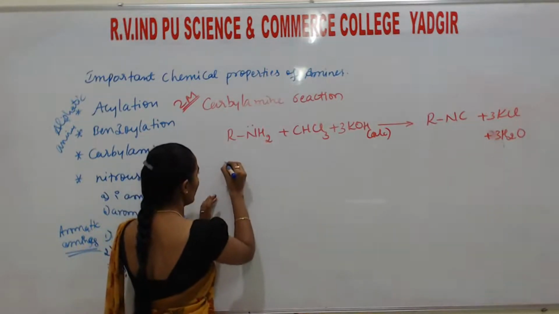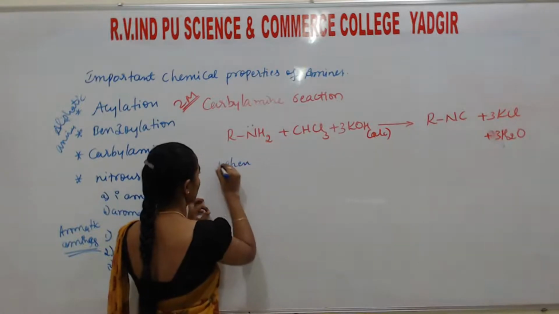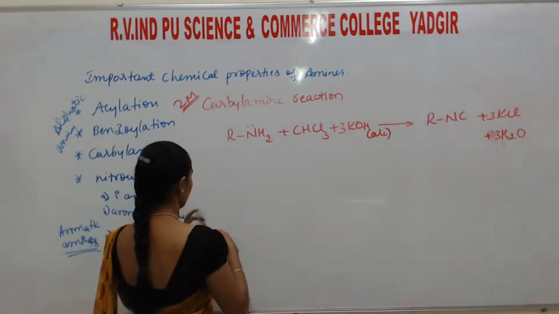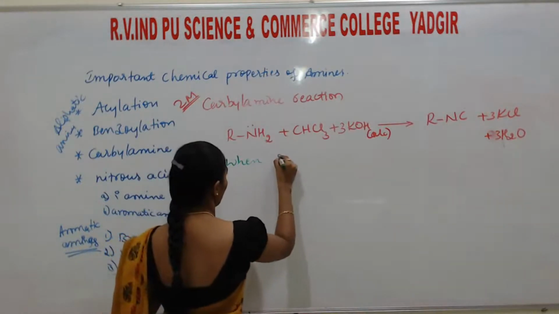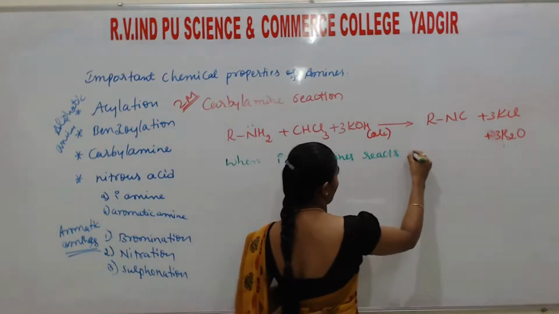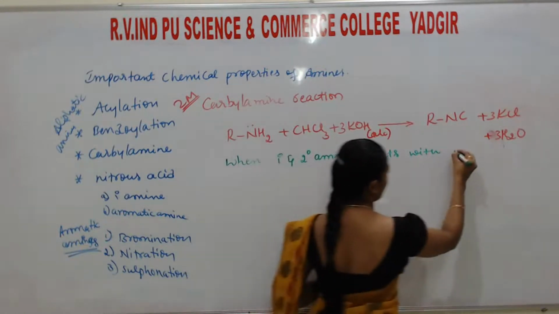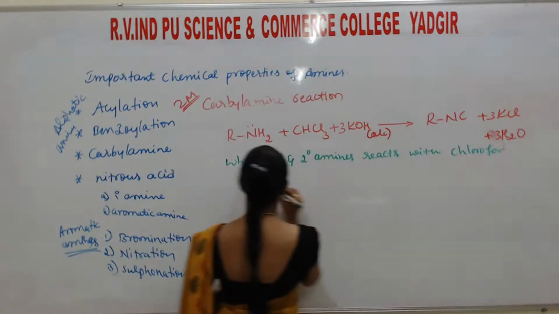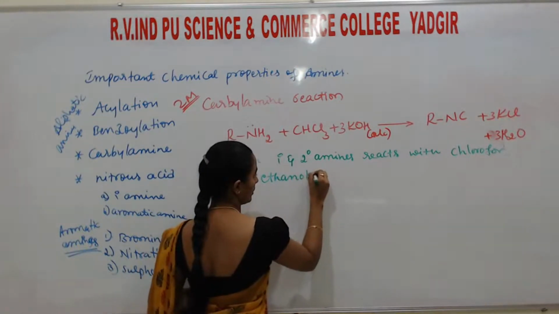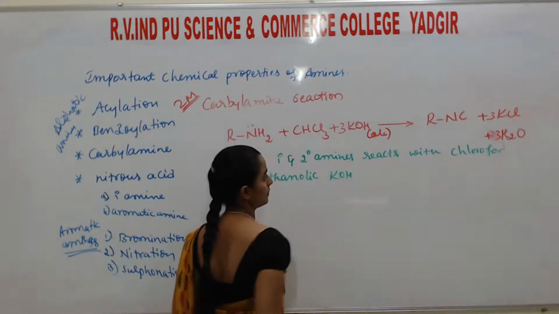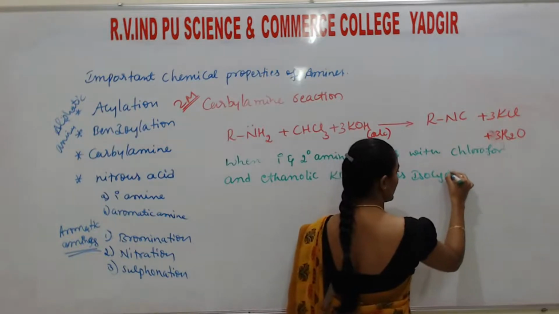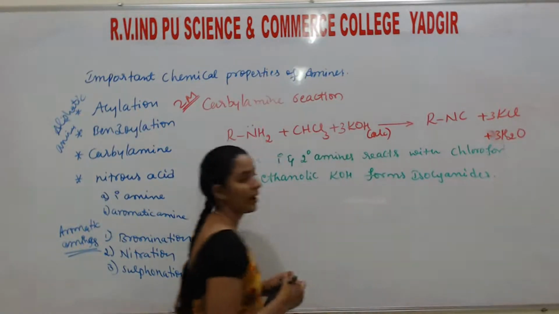This statement is important: when primary amines react with chloroform and ethanolic KOH, they form isocyanides.